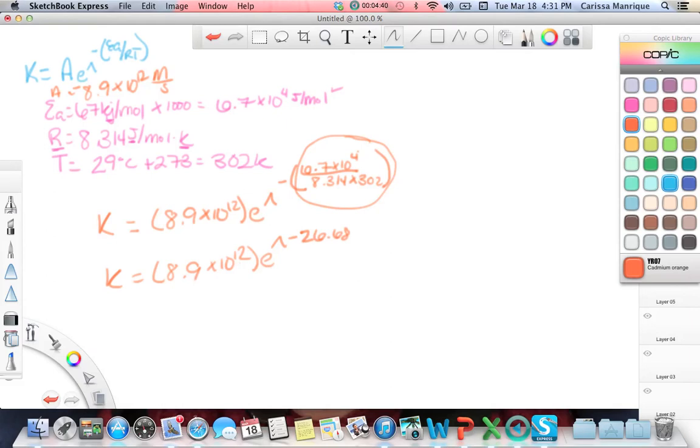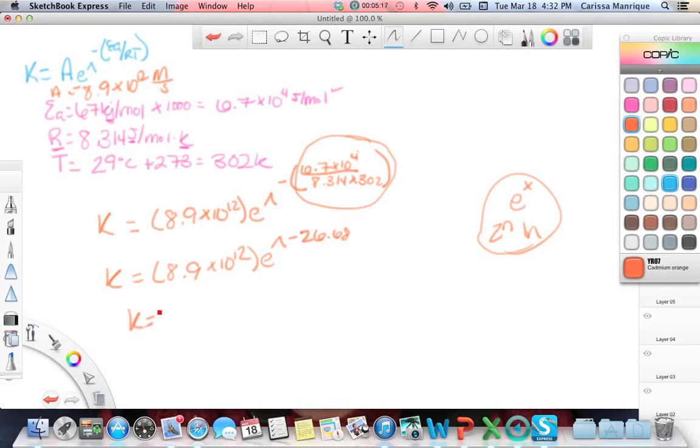It'll look like e to the x on your calculator, and that's the second natural log of negative 26.68. Sorry, I put in the wrong number, 26.68. I'll get it eventually. Okay, I get 2.58 times 10 to the negative 12.